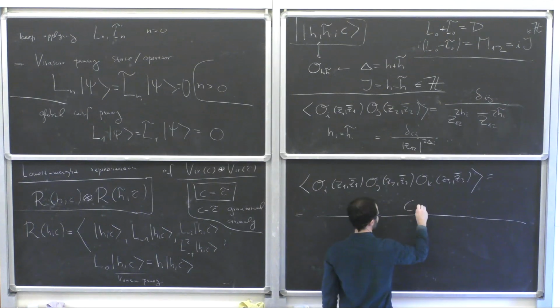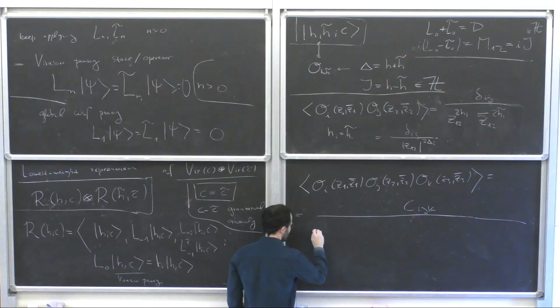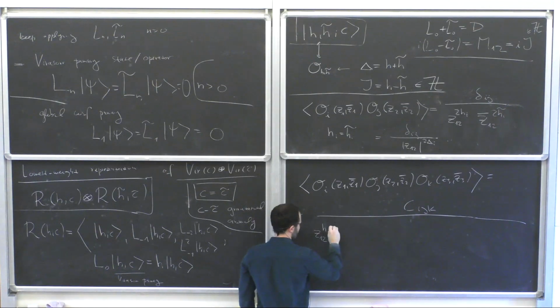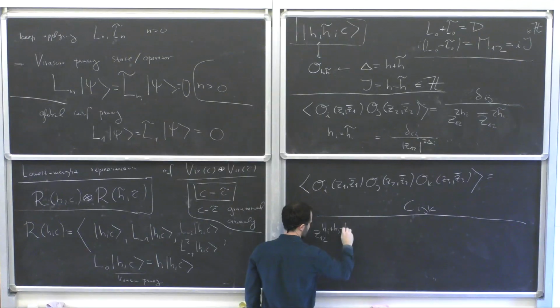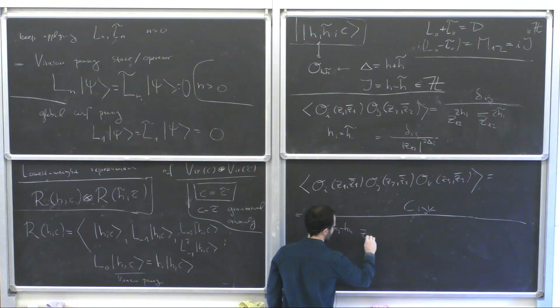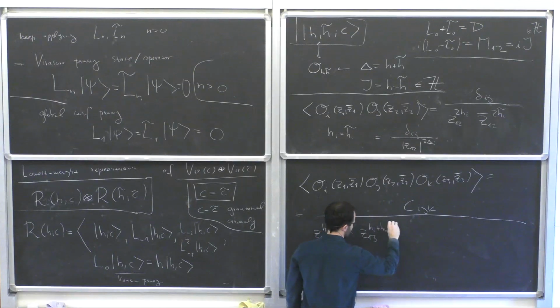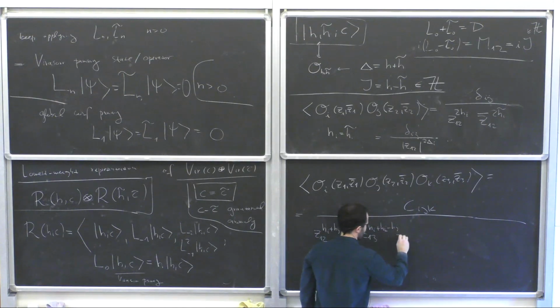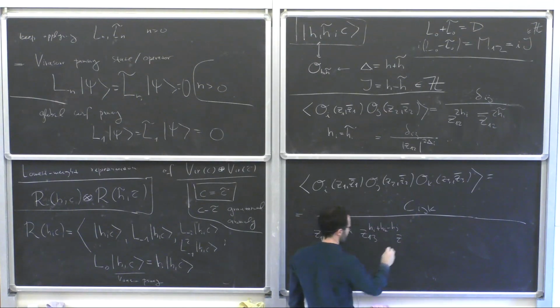There is some overall number, C_ijk, and then we just have a holomorphic factorization into, let me first write it. Okay, I can already see I'm writing too big to fit.